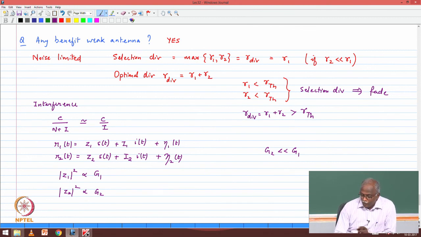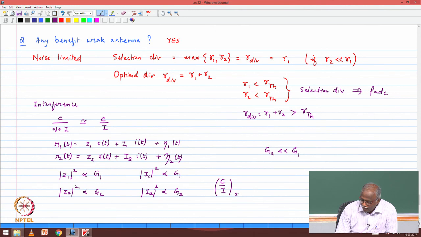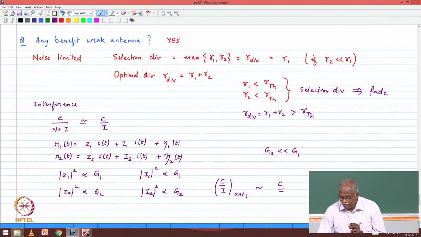The scenario that we are looking at is that the interfering signal also went through the same gain antenna. So mod I1 squared is also proportional to G1, and mod I2 squared is also proportional to G2, which means the carrier to interference ratio of antenna 1 is almost the same as the carrier to interference ratio of antenna 2.